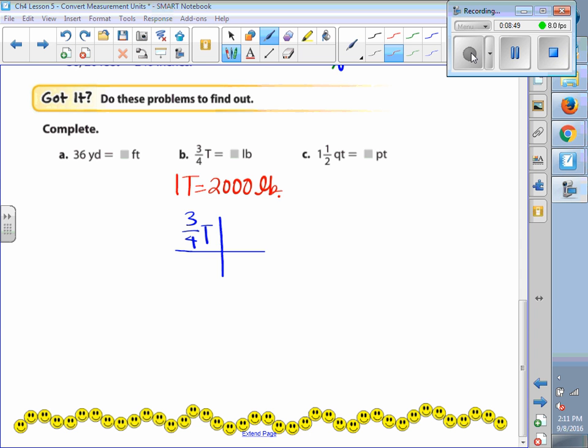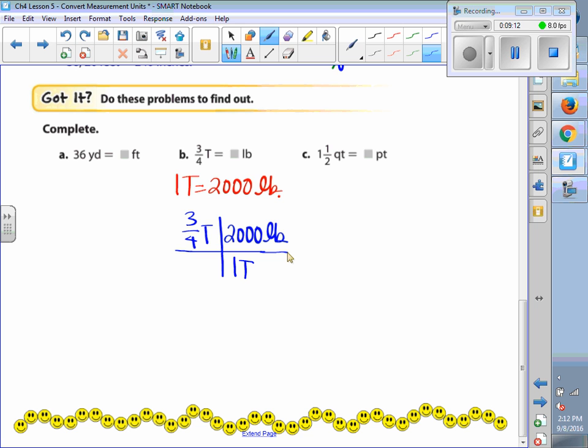Very good. Tons will go on the bottom because in the original problem, tons is in the top, right? So we've got 1 ton is equal to 2,000 pounds.